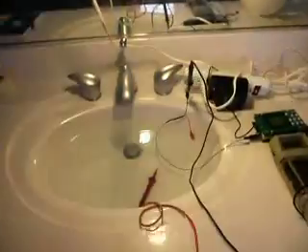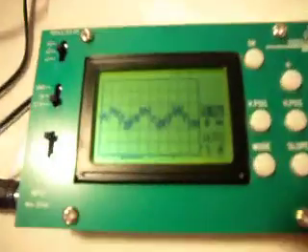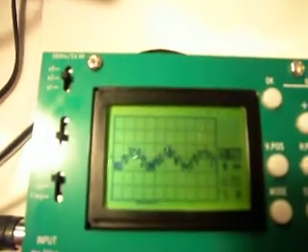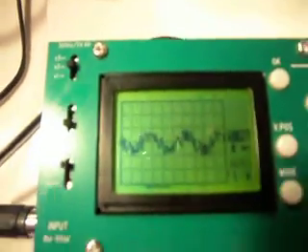So we take this light bulb and we bring it closer to the water. This is our waveform. Right now we're about 2 feet above the water and we have this really crazy waveform, and we've gone up slightly.